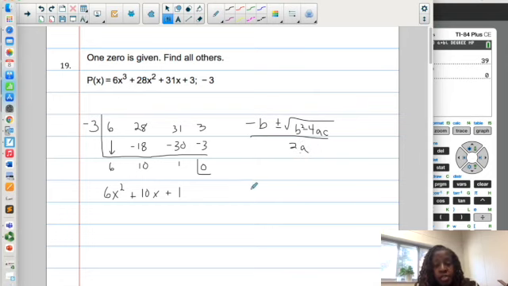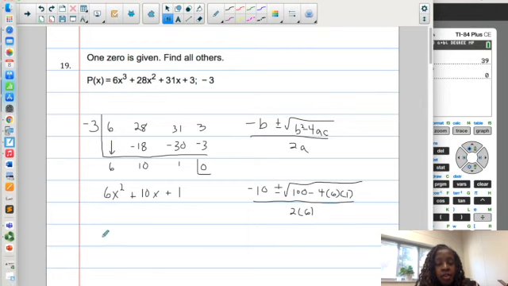The opposite of b is -10, plus or minus the square root of 10 squared, which is 100, minus 4 times 6 times 1. That's 24, divided by 2 times 6.